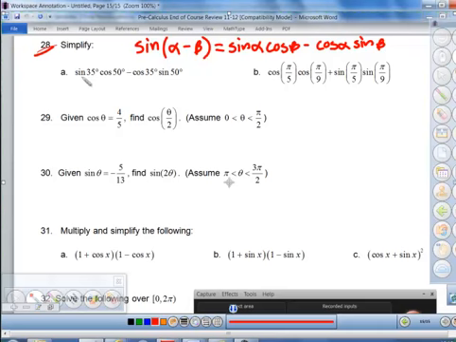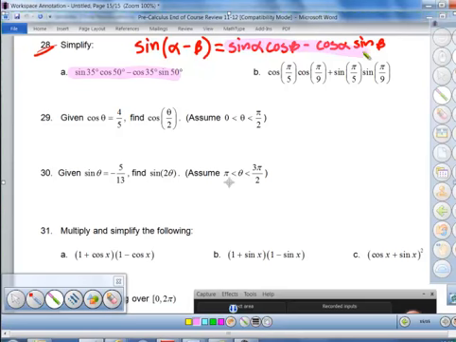Okay, so check this out. This portion right here is this portion right here. Does that make sense? So that means it's just the addition and subtraction formulas written in a different way. So we can just substitute these values.